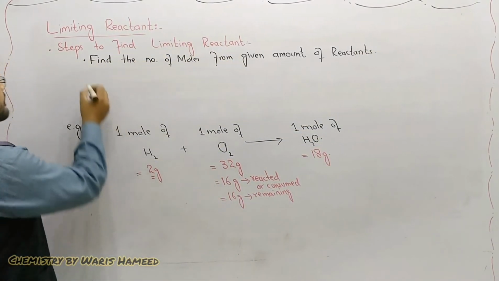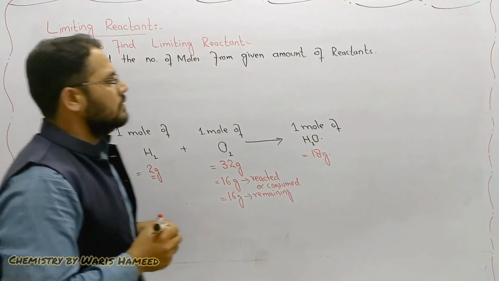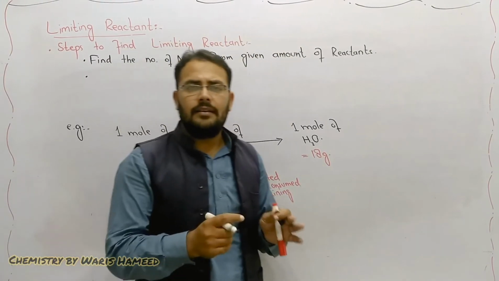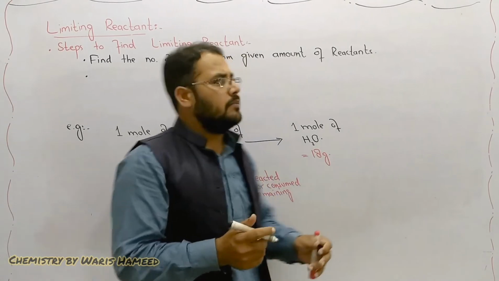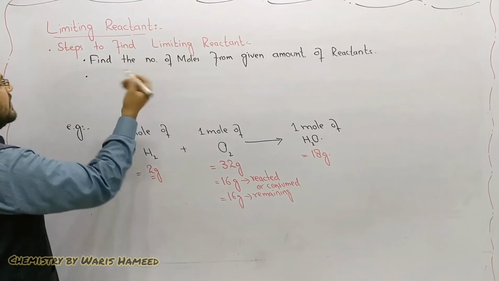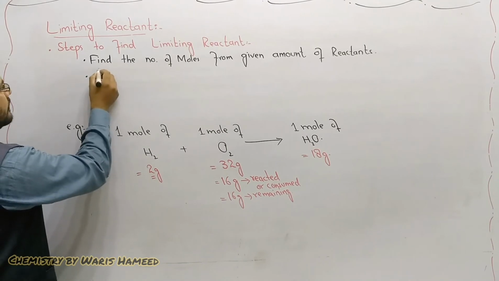The next step is to calculate the amount of product that each reactant can form during a reaction, or we can say estimate the amount of product.